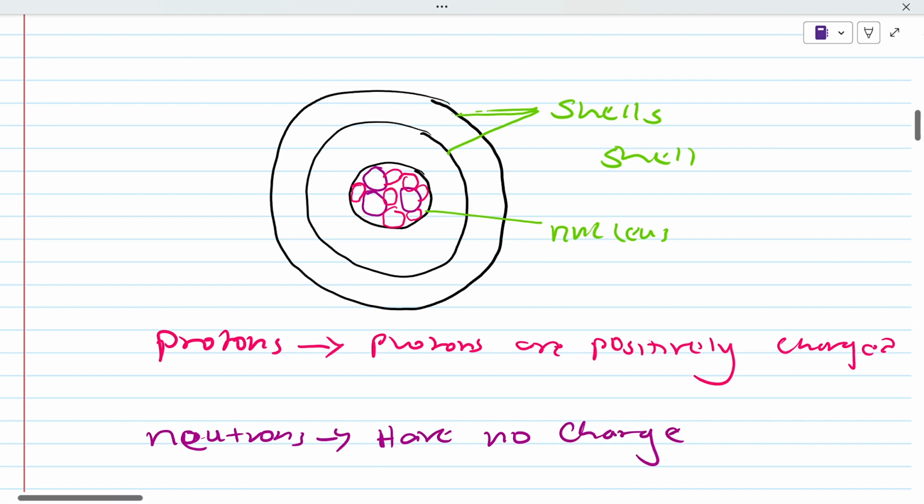And we've said suspended within the shells are electrons. Now these ones are going to be our electrons.